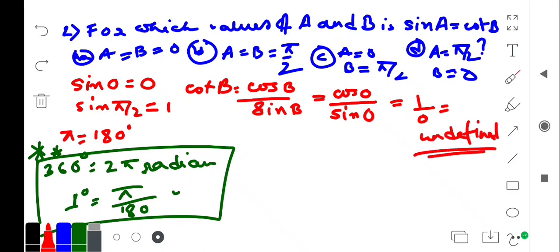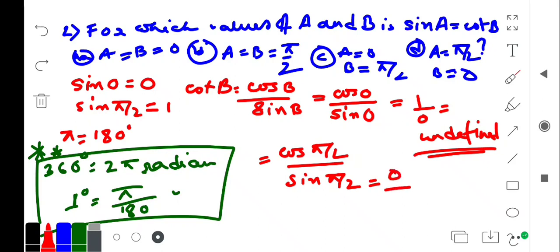Undefined does not appear anywhere in the sin 0 and sin pi by 2 values. cos 0 equals 1, sin 0 equals 0. Next, if we put cos pi by 2 by sin pi by 2, that is cos 90 by sin 90, cos 90 equals 0 and sin 90 equals 1, so it will obviously become 0.